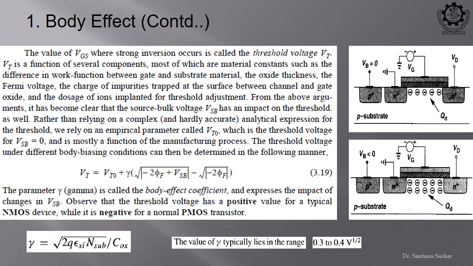So, this is your body effect. Okay. That same thing is expressed in this equation. So, you can understand that if V source is higher than V bulk, your VTH will go up for the MOSFET. Okay.